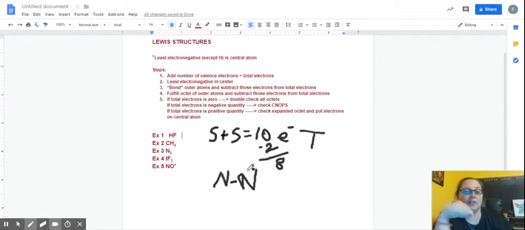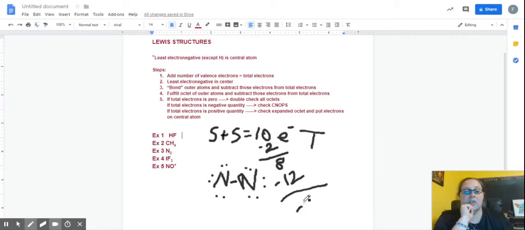Now, let's try to fulfill nitrogen's octet. That's 1, 2, 3, 4, 5, 6, 7, 8, 9, 10, 11, 12. To fulfill both of their octets, we used a total of 12 electrons. 8 minus 12, however, is a -4 quantity.